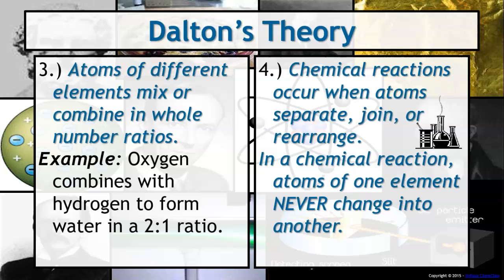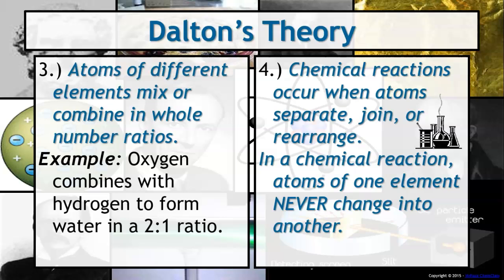So in other words, when oxygen reacts with another element, it's not going to change into a different element. It might join together with another element, it might separate from another element, or it might rearrange the way that it's joined with another element, but it's not going to actually change into another element.